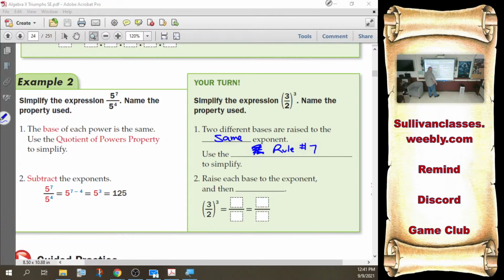I'm okay with that. Raise each base to the exponent, and then what do I do with an exponent raised to an exponent? 3. Rule number 3, right?